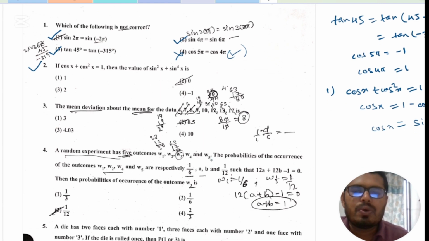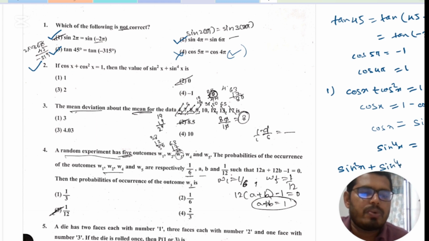They asked you sin square x plus sin raised to 4x. Here we get sin square x is equal to cos x. What about sin raised to 4x? If we square both sides, we get sin raised to 4x is equal to cos square x. They ask their sum: sin square x plus sin raised to 4x.